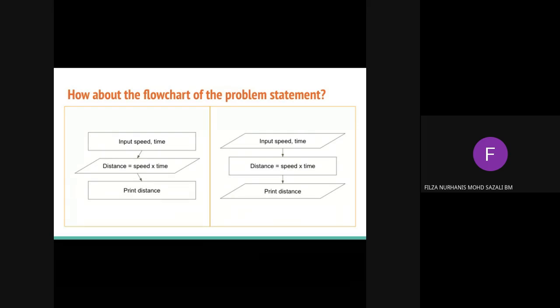Okay, taklah terbalik ke, pusing ke, looping ke, apa ke. Alright, so make sure kena ada first start and end. Also yang tadi aku kata kanan betul, dia punya shape for input, output and process are correct. Okay, but dia still salah sebab apa? Sebab tak ada start dengan end terminal.